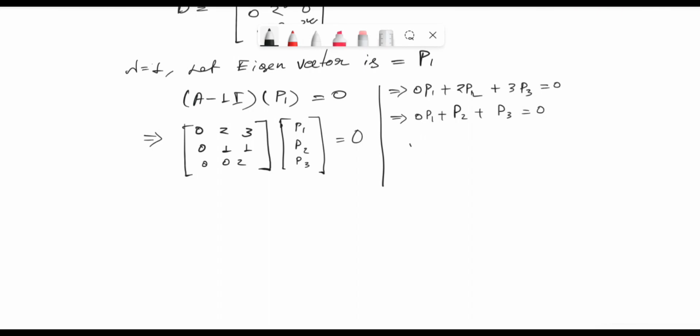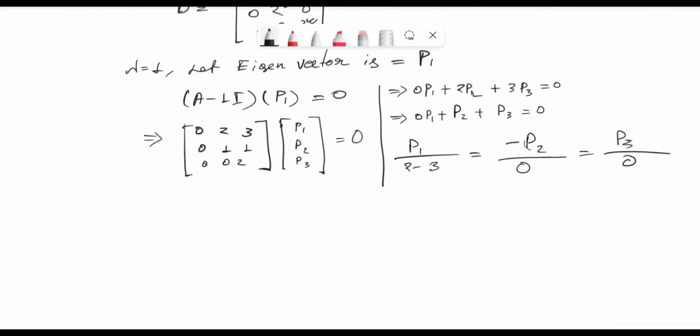We'll use the elimination method here: we multiply and subtract the rows, so 2 minus 3 erases this part and gives 0, and the other part also becomes 0.